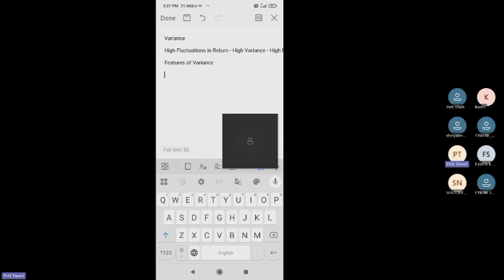Now, what are features of variance? The first thing is that the variance will always be positive or non-negative. What is non-negative?